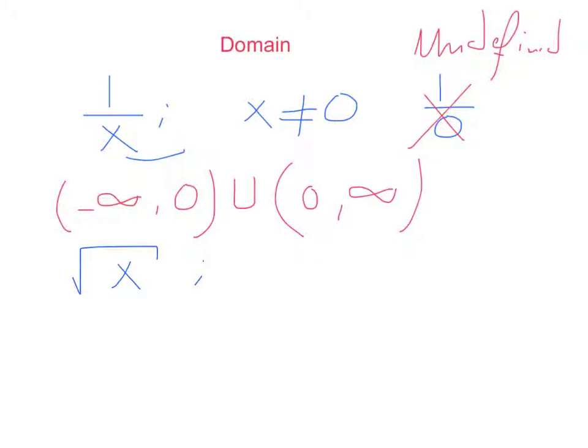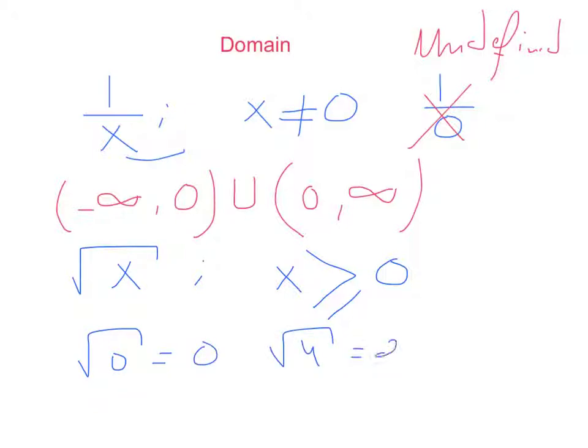I mean, here x should be greater than or equal to 0, because we can have the square root of 0 equals 0. We can have the square root of 4 equals 2, and the square root of 3. All these values exist. We can have output.